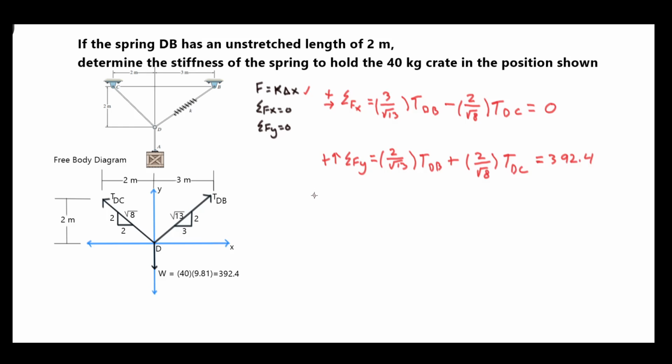The answers that we get is the tension from D to B is equal to 282.96 newtons, and then our tension from DC is equal to 332.96 newtons.